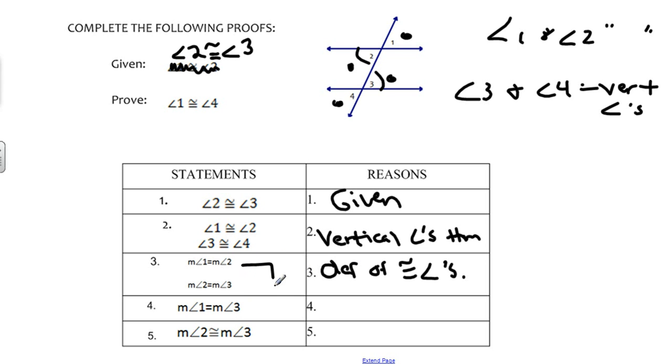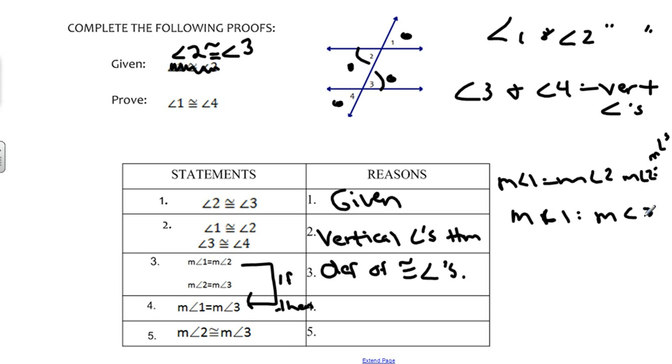Well, from here to here, remember this is my if, this is my then. Our original if is the measure of angle 1 equals the measure of angle 2, and the measure of angle 2 equals the measure of angle 3. And our then is that the measure of angle 1 equals the measure of angle 3.